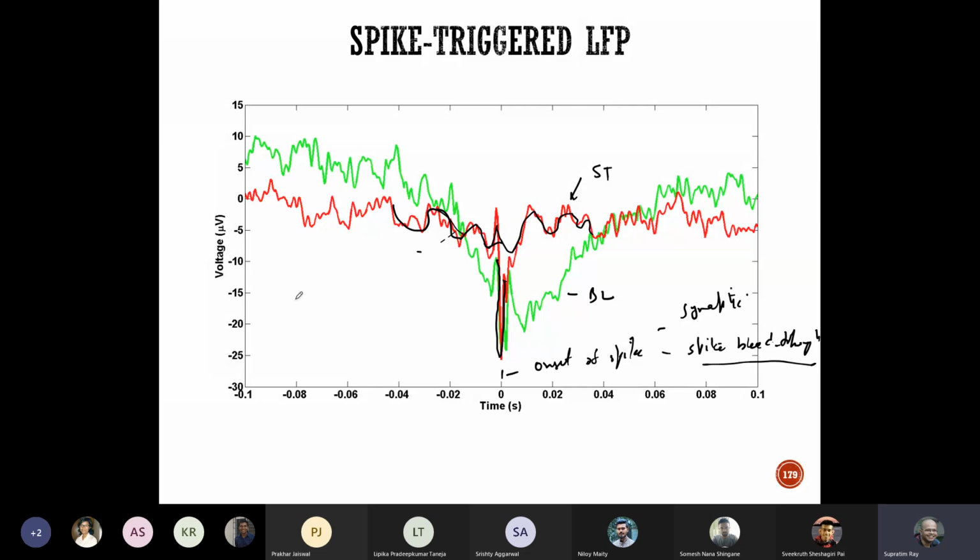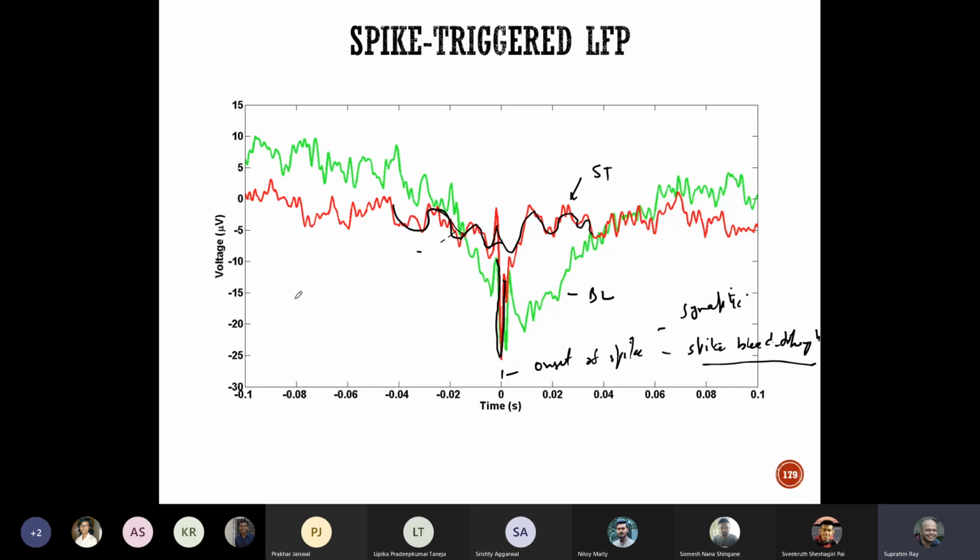The LFP is recording all the potential generated because of transmembrane currents. So some synaptic activity would have led to depolarization of the neuron, which led to a spike, right? Which you record in the extracellular potential.